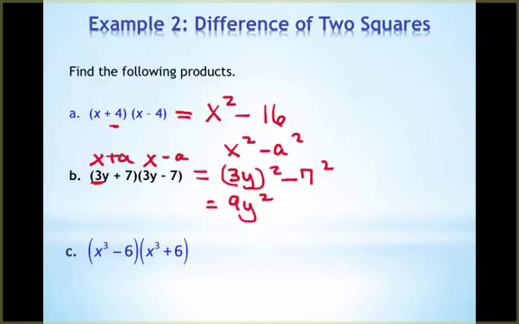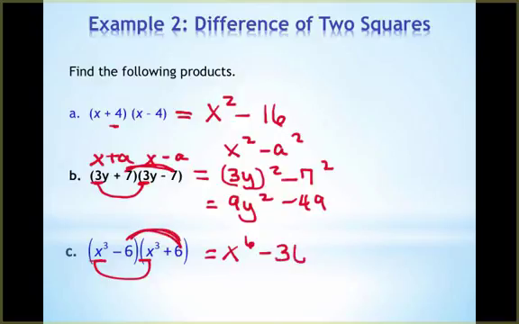But that would be 9y squared minus 49. So really, if you'll notice, what you're doing is you're just multiplying the first and the last to get your answer. So now let's use that shortcut. If I have x cubed minus 6 times x cubed plus 6, if I multiply first, I get x to the 6th. If I multiply last, I get minus 36.